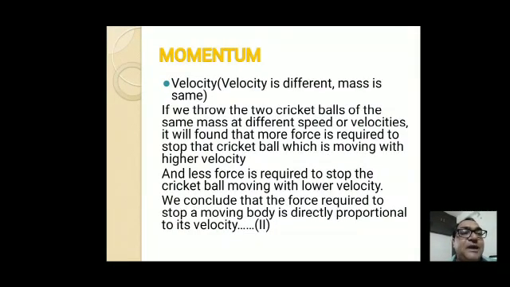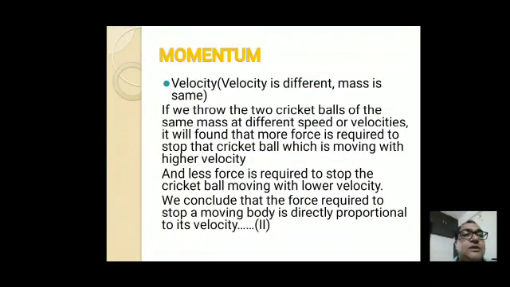In this case we take velocity different but the object's mass the same. Here also we take two objects whose mass is the same but we throw them with different velocities.